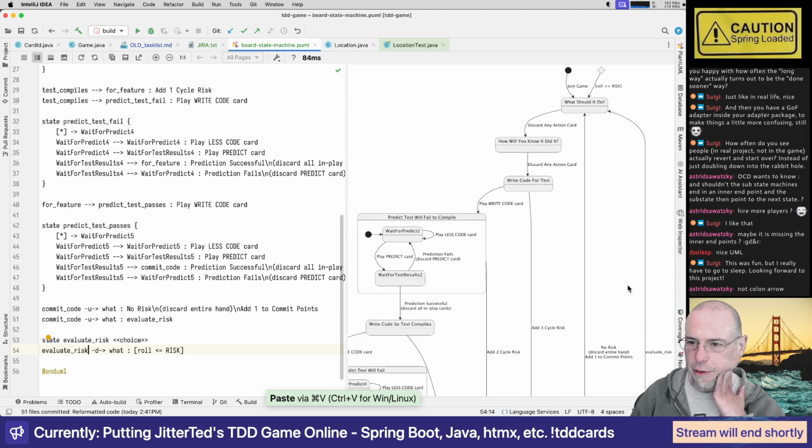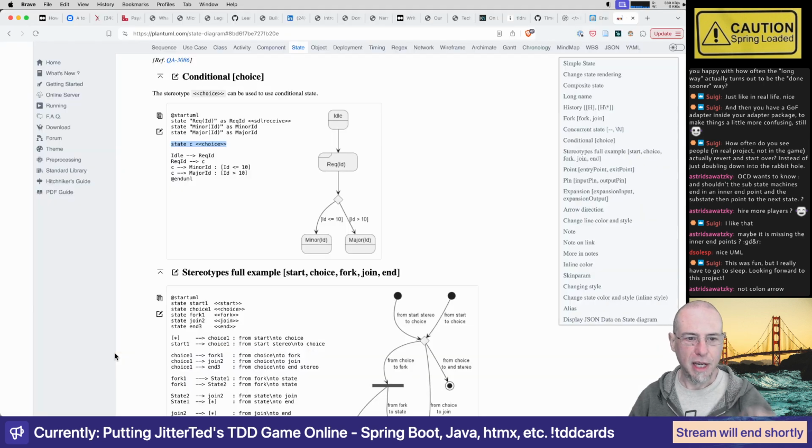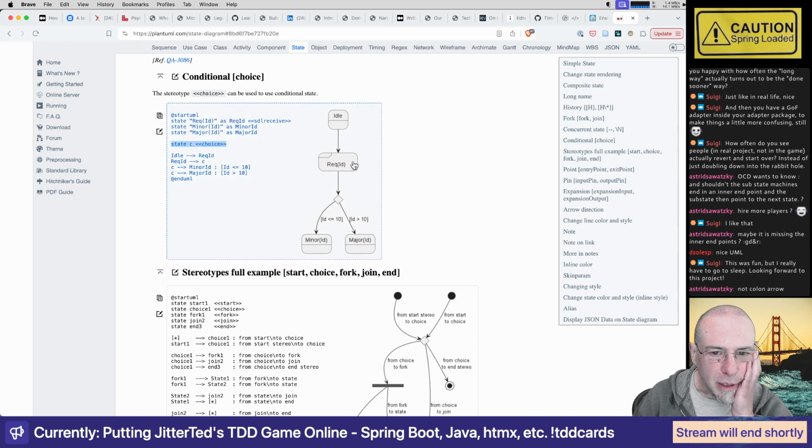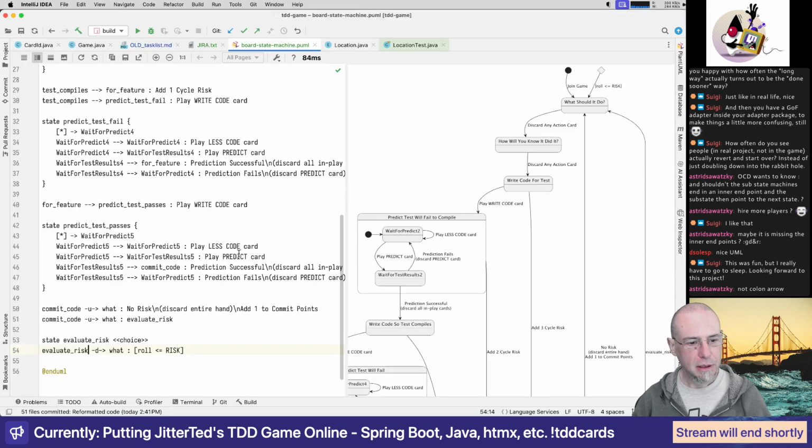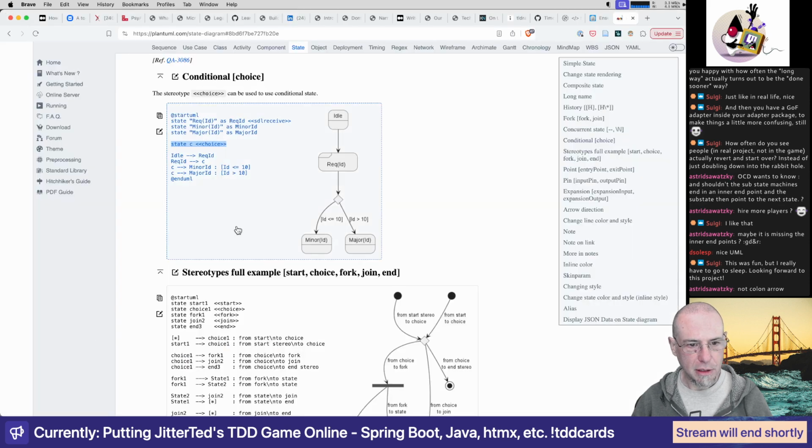So we go to evaluate risk. Okay, how do I do the choice again? Request ID goes to the thing that we call choice, which is evaluate risk.